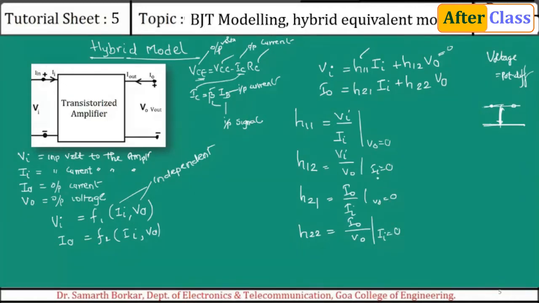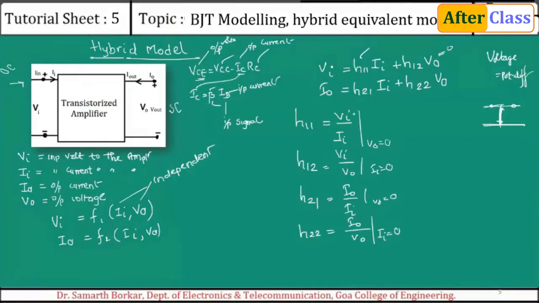How do I set input current equal to 0? Input current is the current which is entering into the circuit. How do I make it 0? Make the circuit open. Okay. So open circuit. And how do I make the voltage 0? Make the circuit short circuited. So short circuit and open circuit.